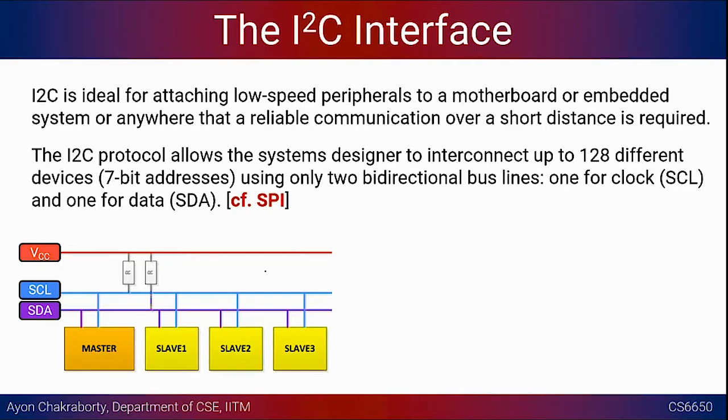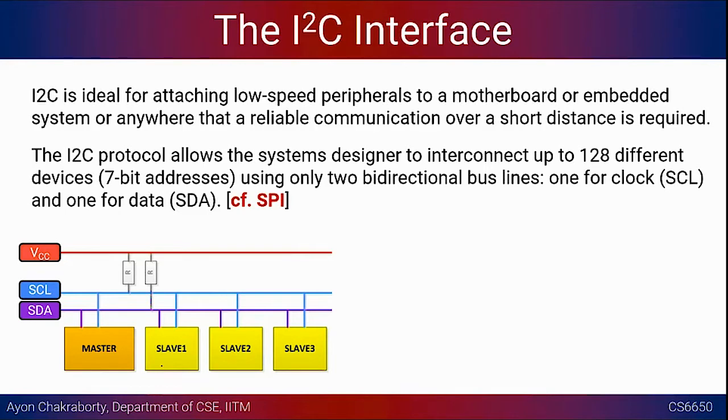At the bottom, you see a single clock line and a data line, and the master shares the data path with all the slaves as well as the clock, right? And all the slave devices have some pre-configured address, right?